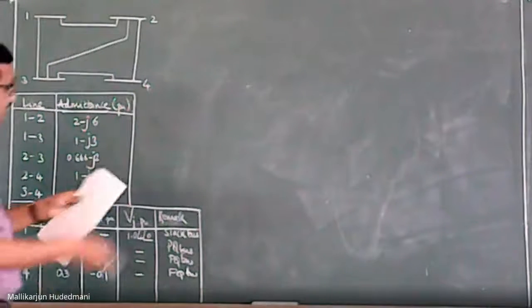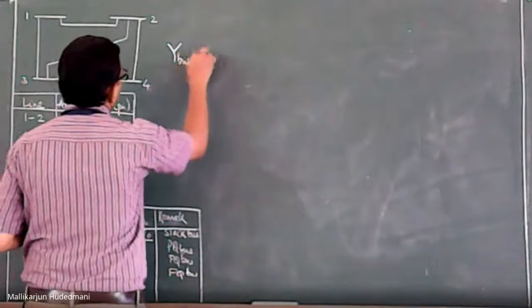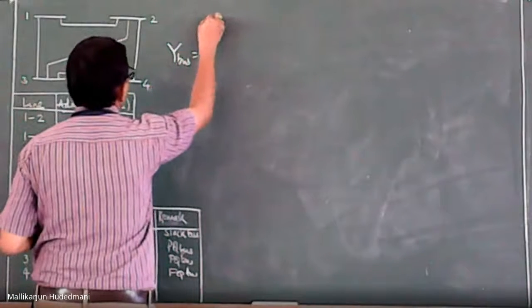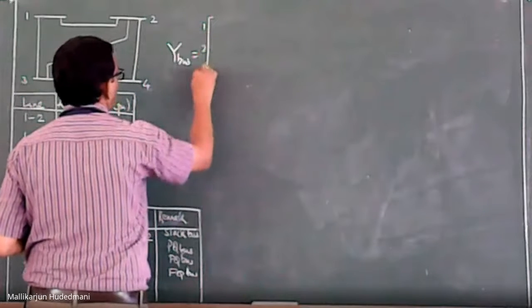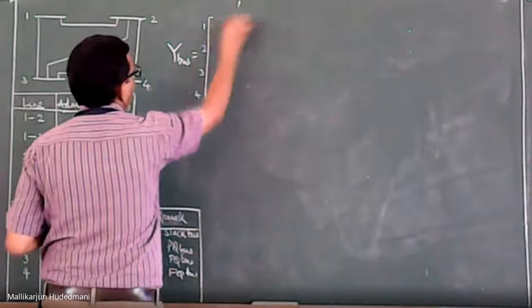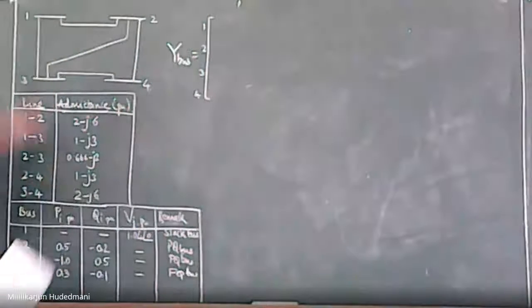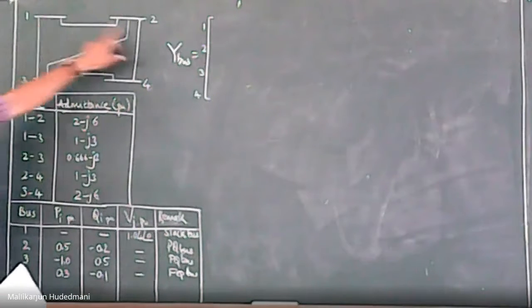If I write here the Y bus like this, I'll present it here. Okay, 1, 2, 3, 4. What is Y11 for me? The sum of the admittances of the transmission lines connected from bus 1 to the remaining buses.